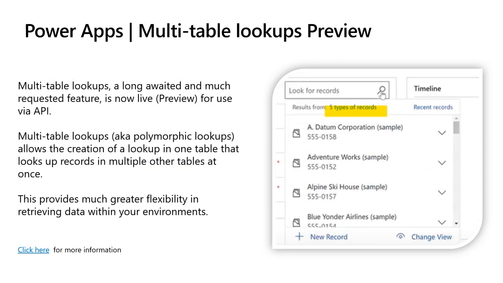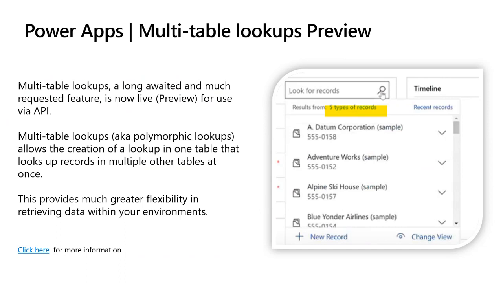So rather than have to create a separate lookup for each one of those things, with this you can create that one lookup that searches across multiple tables at once. So you could search your books, audio, and video offerings all at the same time, rather than have to make separate searches there.